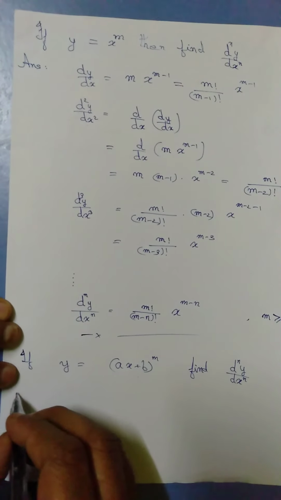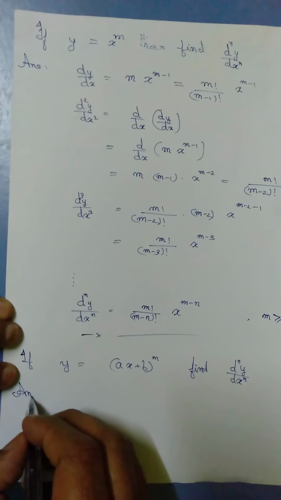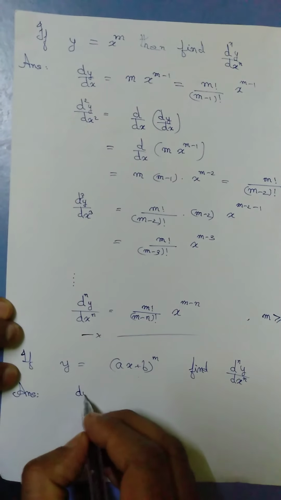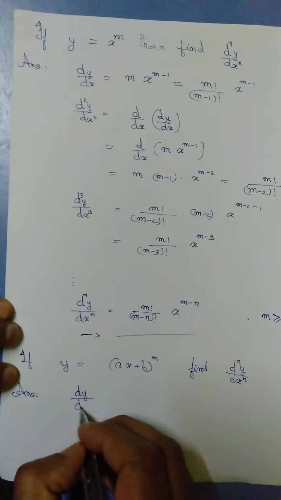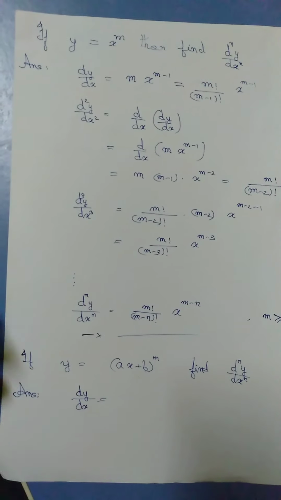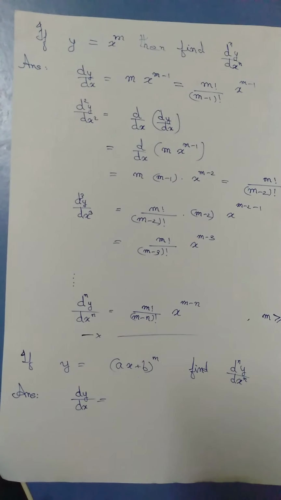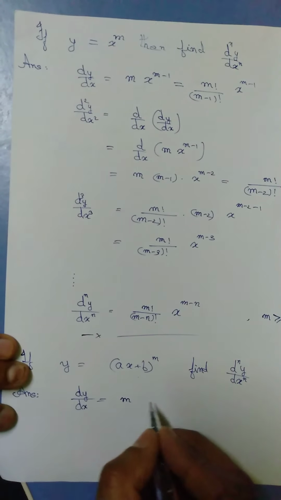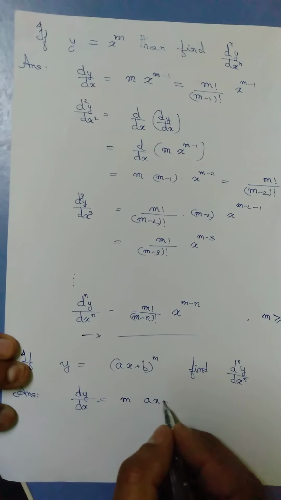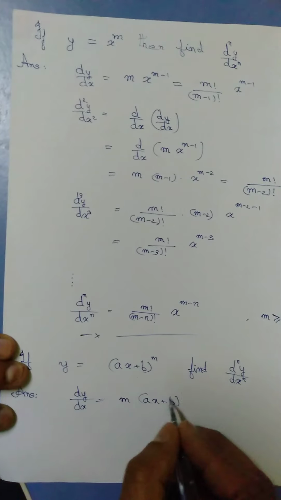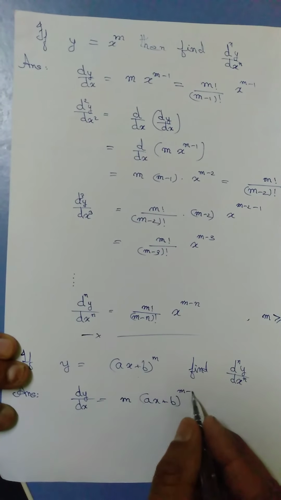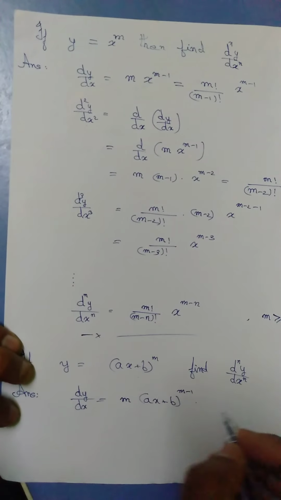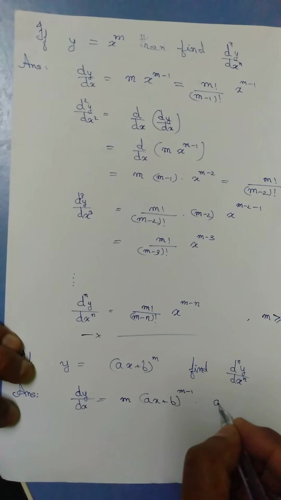Answer, we'll follow the procedure as it is. dy by dx, just differentiate both sides. m into (ax plus b) to the power m minus 1 into d/dx of ax plus b, that is just a.